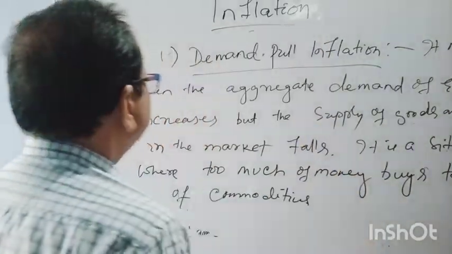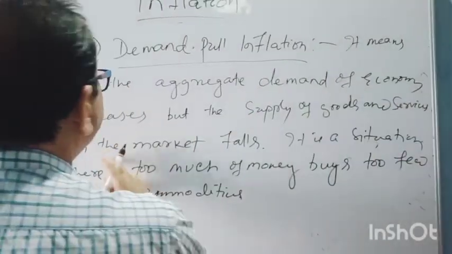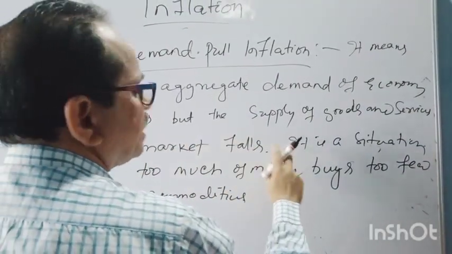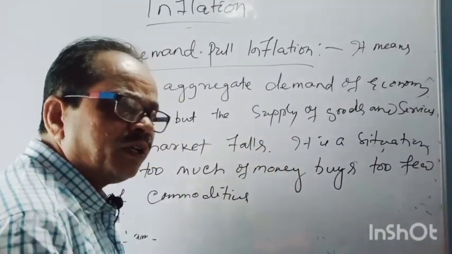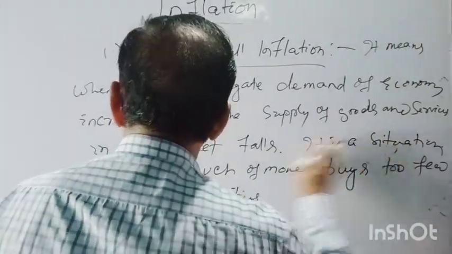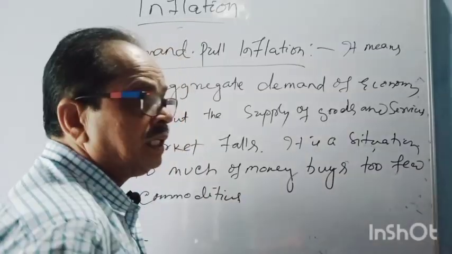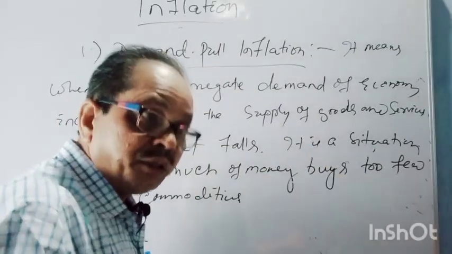This is clear: when the aggregate demand of an economy increases but the supply of goods and services in the market falls, the demand is more and supply is less, so automatically the price will rise. Too much money buys too few commodities, and the currency value reduces.